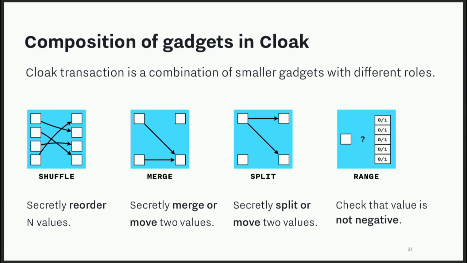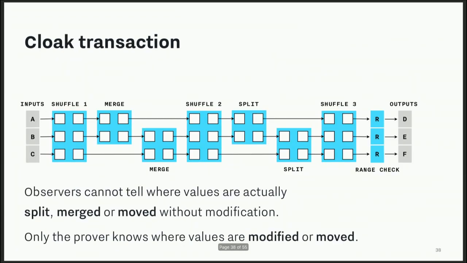So these are the building blocks that we have, and we put it together to make a confidential assets protocol like so. So as a reminder, a confidential assets protocol is one in which both the quantity and the asset type of all of the inputs and outputs are kept secret.